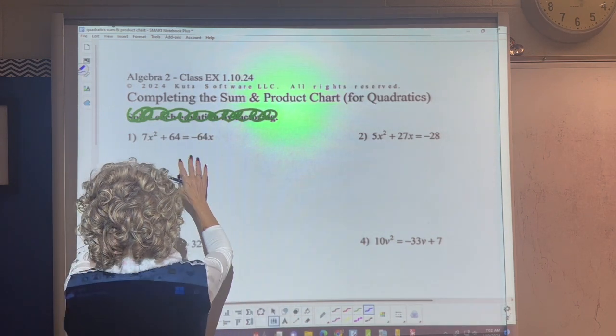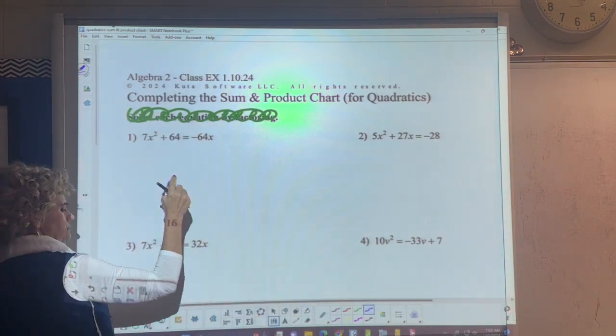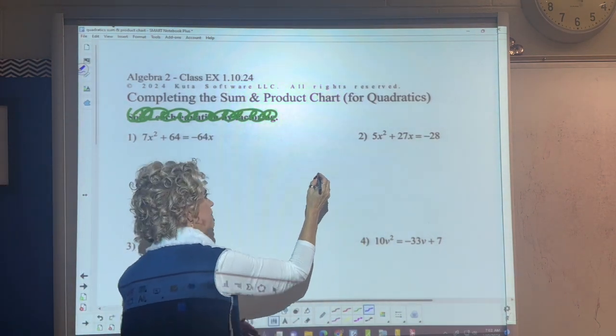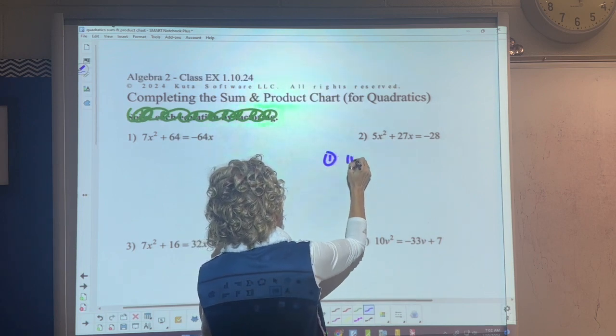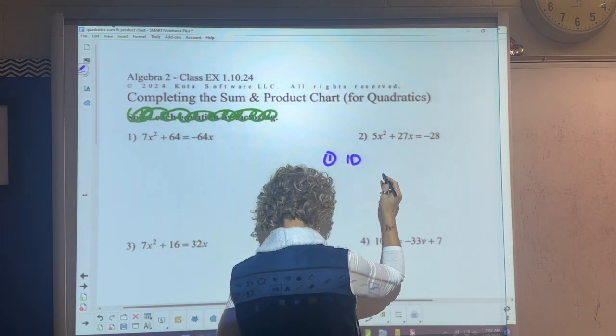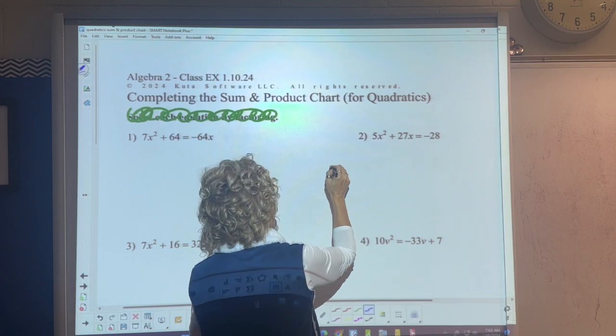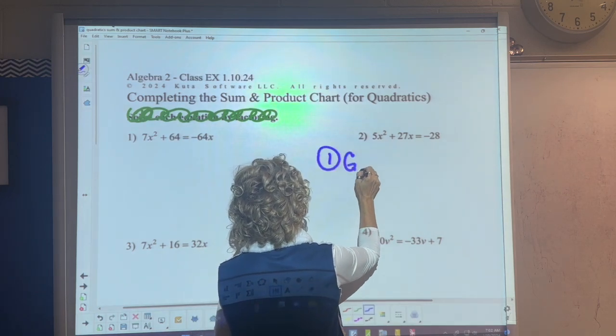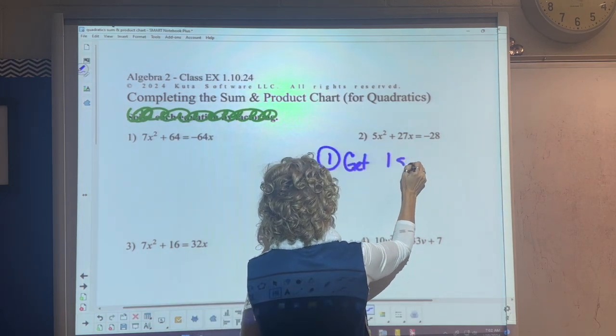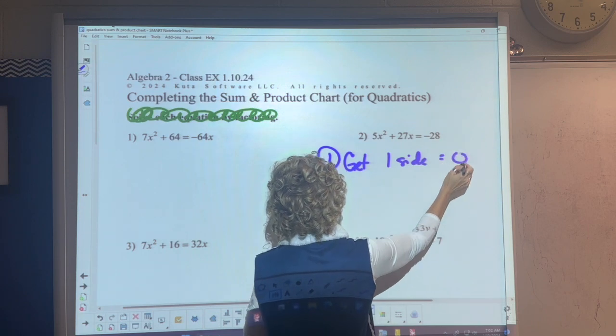So, step 1, we're going to get one side equal to 0.